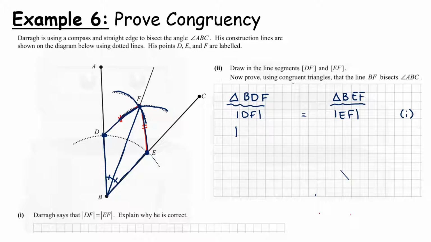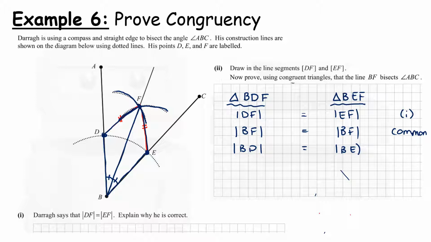The next thing I know is the same is BF is equal to BF. Of course, they have to be the same. They're the same line, so our explanation for that is common. We need one more piece of information that we can use. What we could say is that BD is equal to BE.